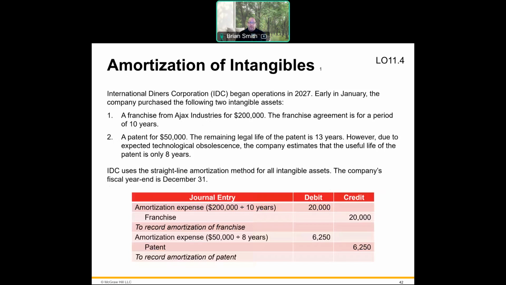Here's the thing: we only amortize it over the amount of time we expect to use it usefully. We may have a legal life, and in this case, number 2 says the remaining legal life of the patent is 13 years. However, due to expected technological obsolescence, the company estimates that the useful life of the patent is only 8 years. We get to use 8 years.